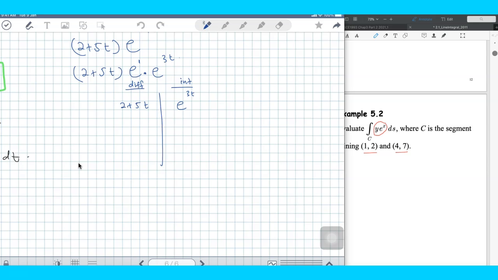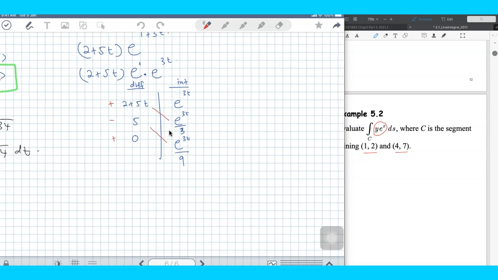Differentiate: you have 5 and then you get 0. In the second column, you integrate e to the 3t to get e to the 3t over 3, and then integrate again to get e to the 3t over 9, and you make pairs between them, starting with positive, negative, positive.